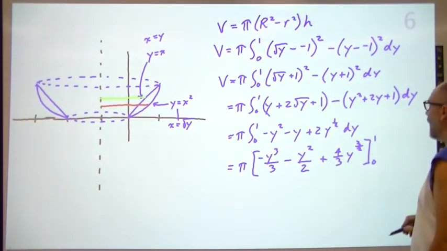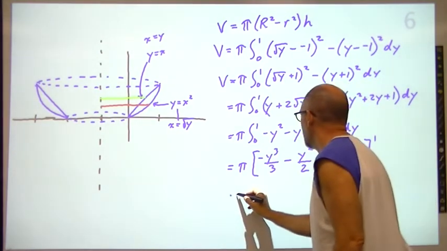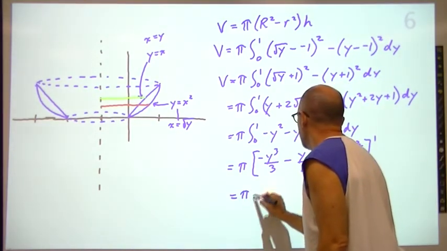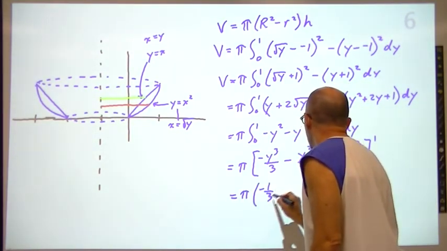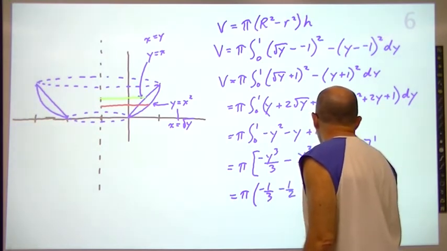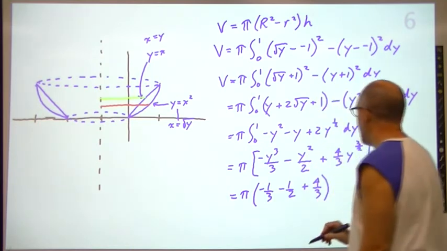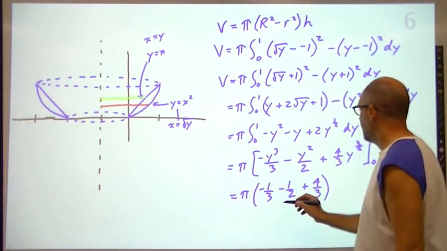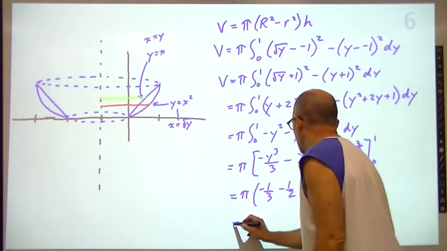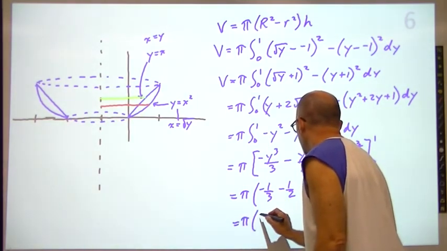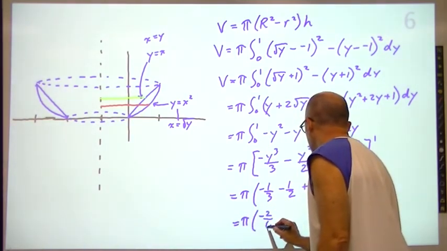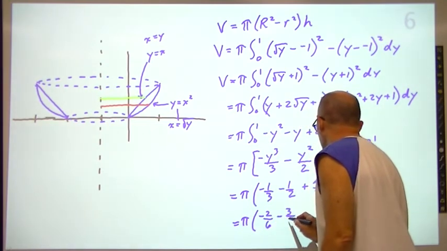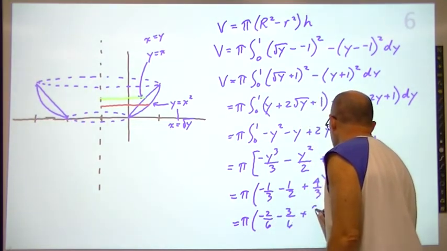Okay, now we plug in ones. So we end up with pi times negative 1/3 minus a half plus 4/3. Let's see, that's going to be pi times negative 2/6 minus 3/6 plus 8/6.